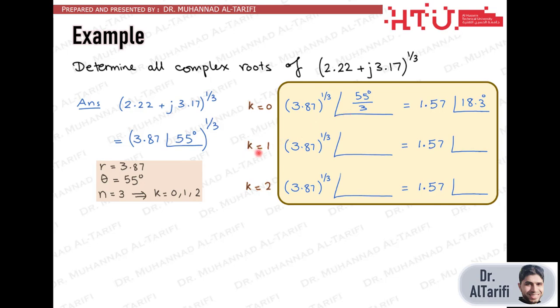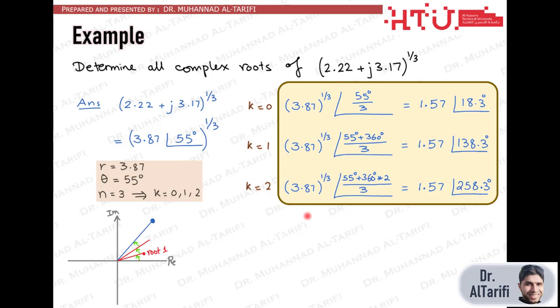And for k equals 1, the phase is 55 plus 360 degrees divided by 3, or 138.3 degrees. And for k equals 2, the phase will be 55 plus 2 times 360 degrees divided by 3, or 258.3 degrees. And these are all 3 roots in polar form.